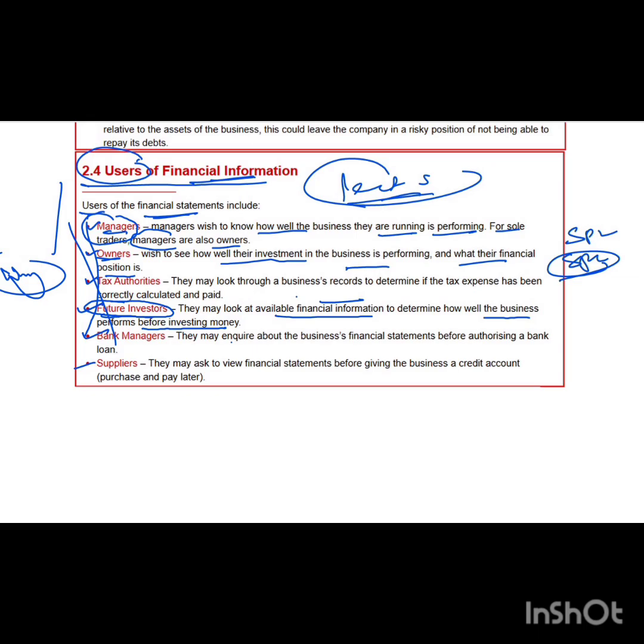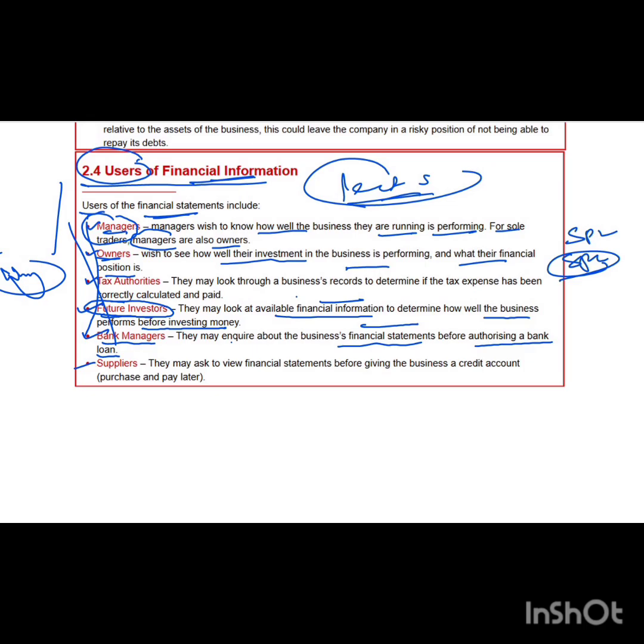There is another user, and that is the bank manager. They may require the business financial statements before authorizing a bank loan. When you are going for a loan, they inquire about and look at the financial statements to decide if the business should get a loan or not.